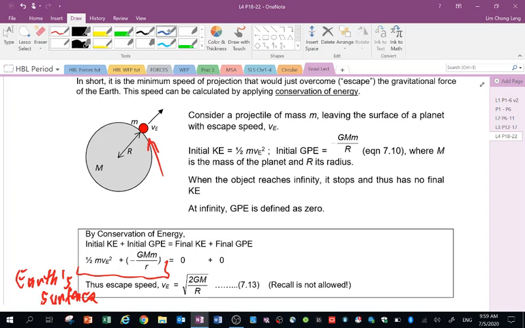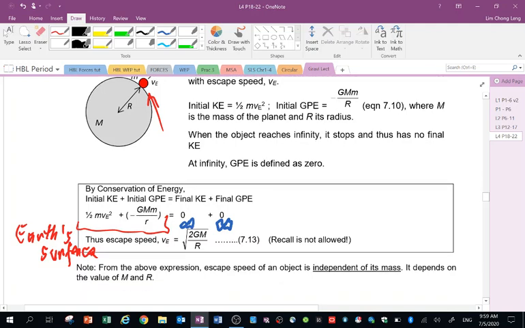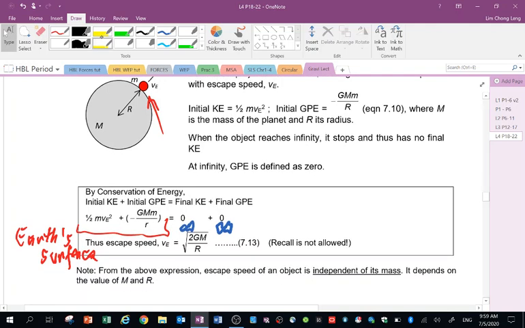Then next, the body will eventually move to infinity, right? It reaches infinity with zero KE. And then you know by definition, the GPE at infinity is zero. So this is how you derive the expression for escape velocity.